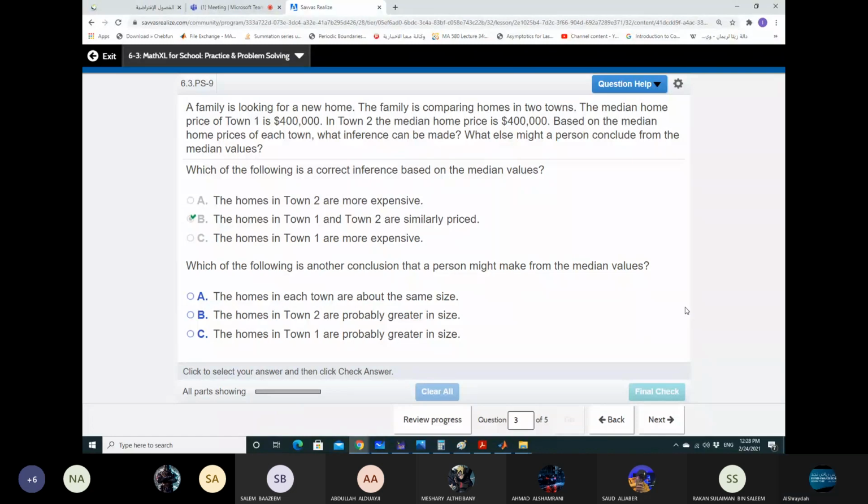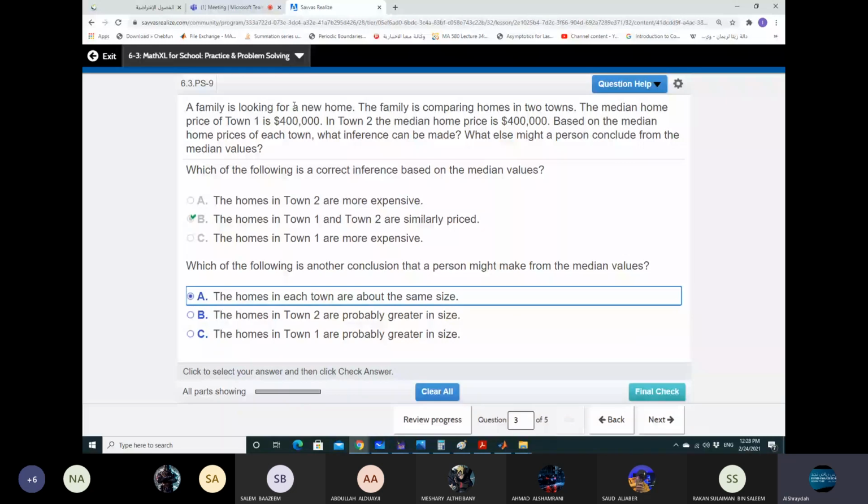What do you think? Based on the median home prices, it's the same size. I think same size because the median price for both towns is the same.